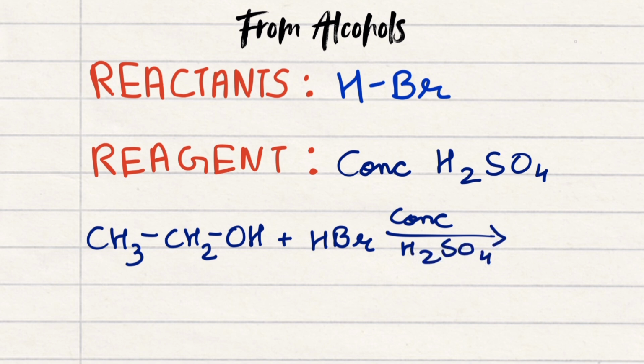Let's again mark the charges: positive and negative, positive and negative. You need to pay attention to one thing, that all the halogens have the same negative charge. Thus, the Br of hydrogen bromide is a halogen and thus has a negative charge.